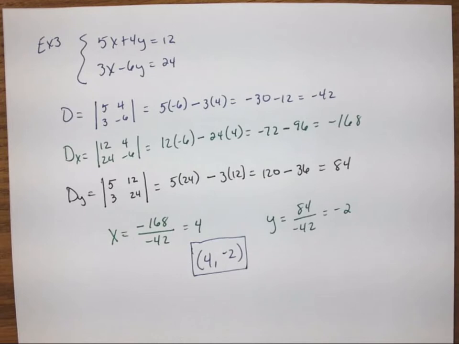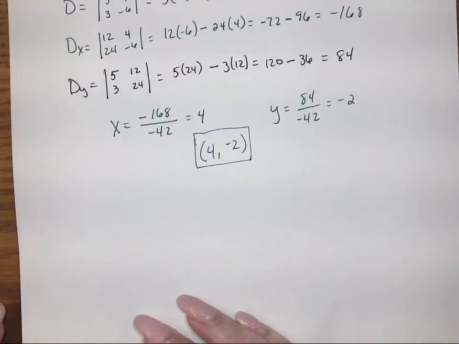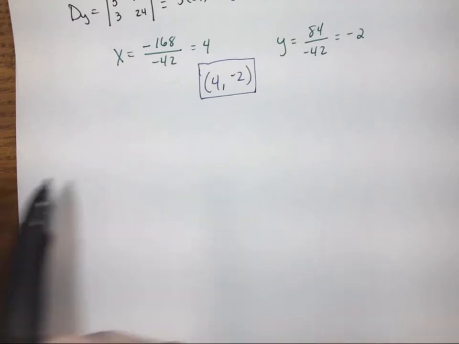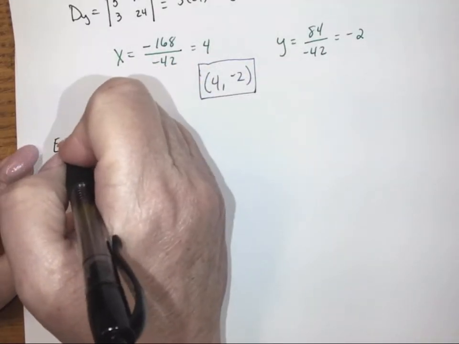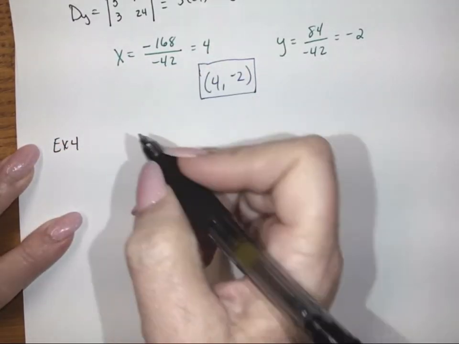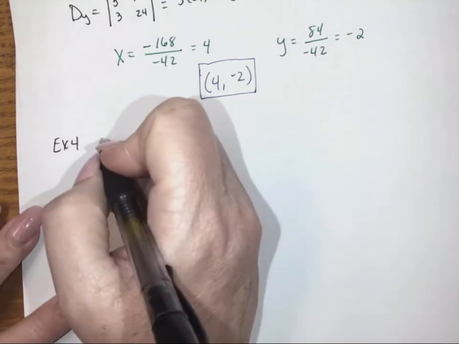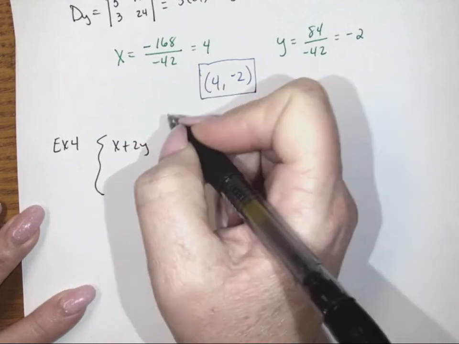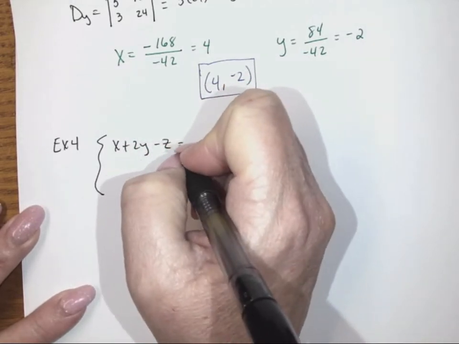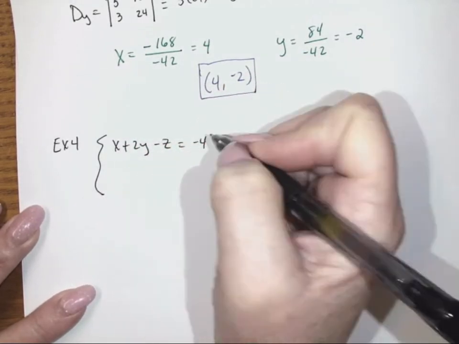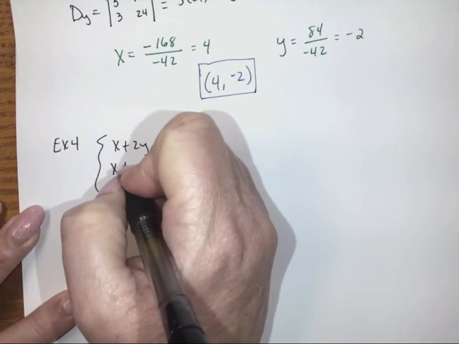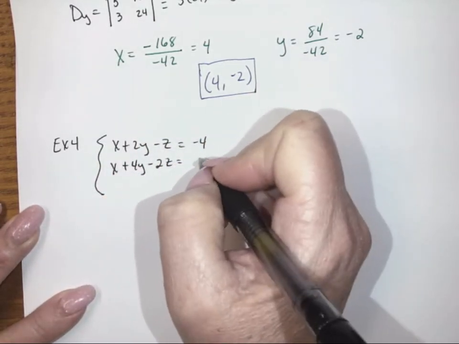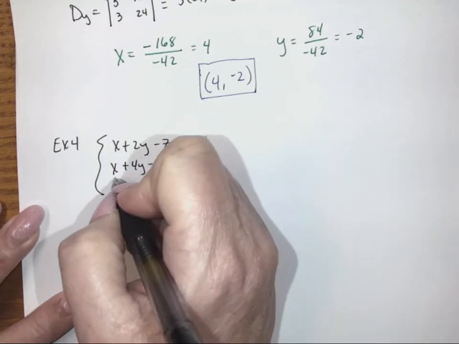All righty. So let's start with example 4. So we're still using Cramer's rule. We're just doing a 3 by 3. So we have x plus 2y minus z is equal to negative 4. x plus 4y minus 2z is equal to negative 6.